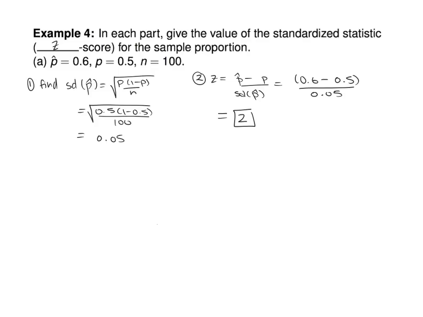And what this tells us is that if we take samples of size n equals 100, and the true population value of this proportion is 0.5, how strange is it to have a P hat, a sample proportion, of 0.6? And the answer is a little bit strange. I mean, this is 2 standard deviations above the mean, which means you're definitely up there, but not in the super unusual category quite yet.